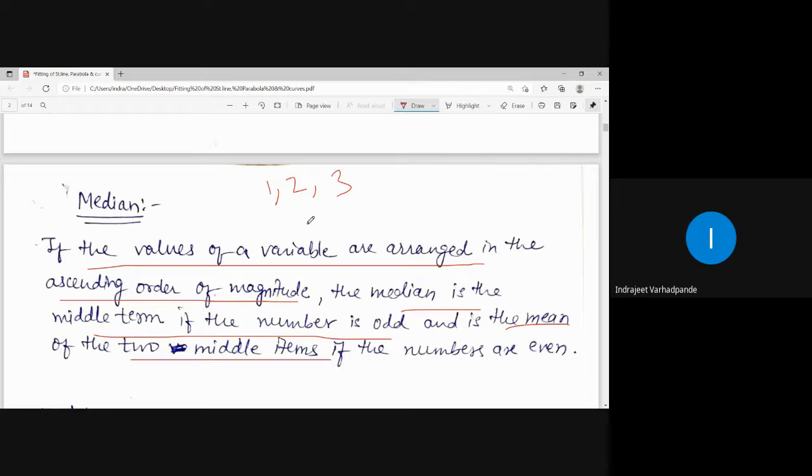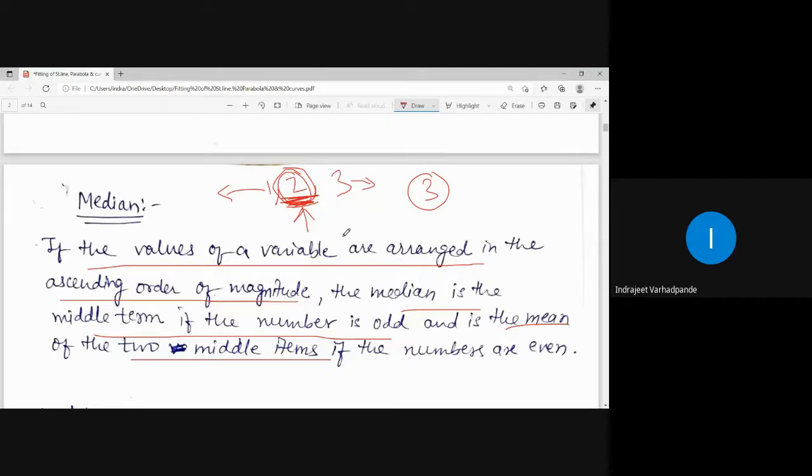When they are arranged in ascending order, the median is exactly the middle term. Total number of observations is 3, so on the left of this middle term, one observation exists, and on the right, one observation exists. Therefore, this element is at the median position.